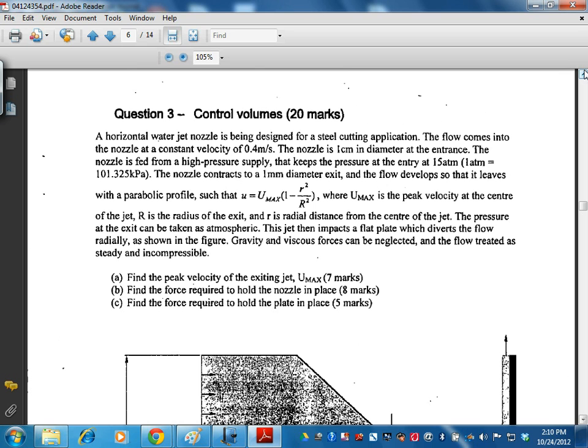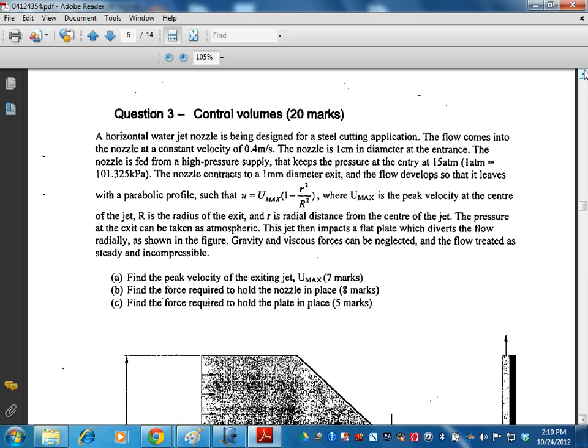The water flow comes in at a uniform velocity and comes out with a parabolic profile. R is the radius of the exit. Find the peak velocity, the force required to hold the nozzle, and the force to hold the plate in place.